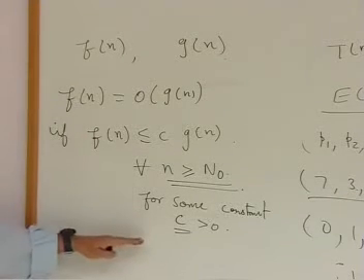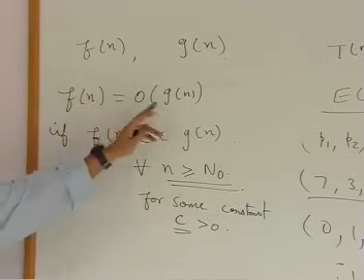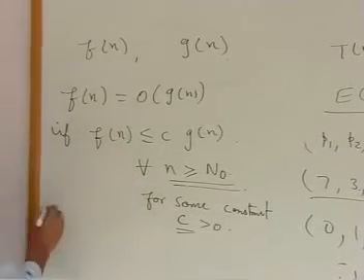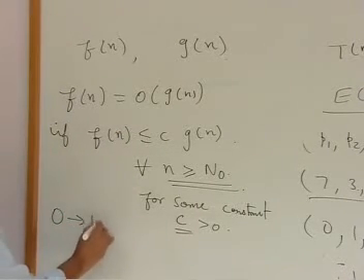If this happens, it is called f of n is order of g of n. This is called the big O.